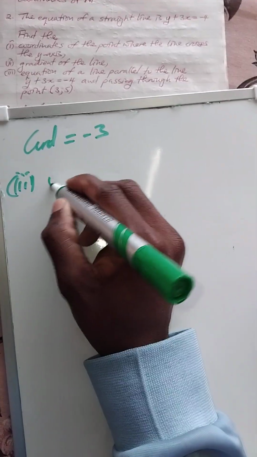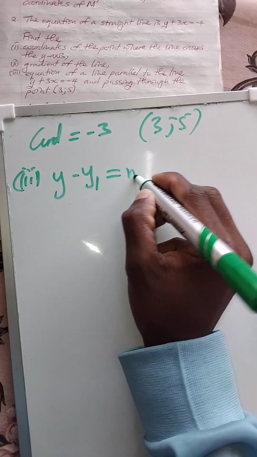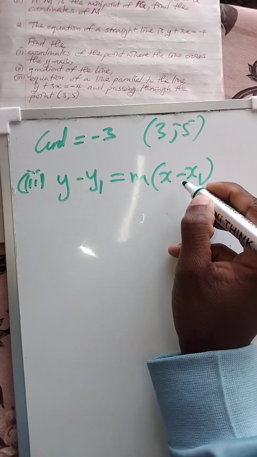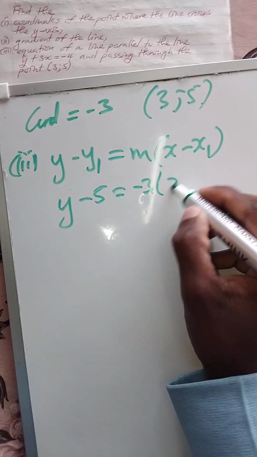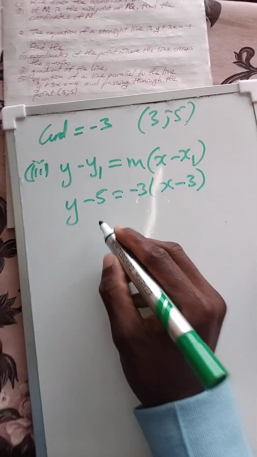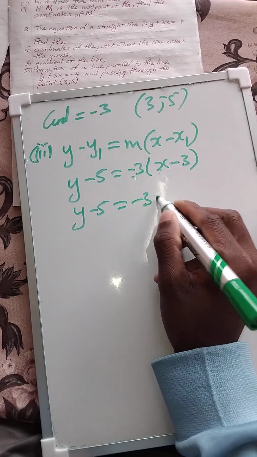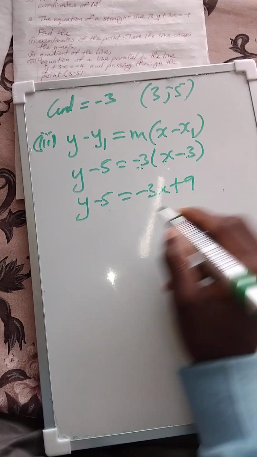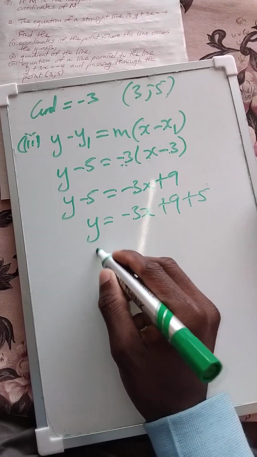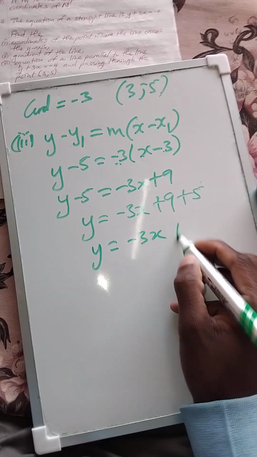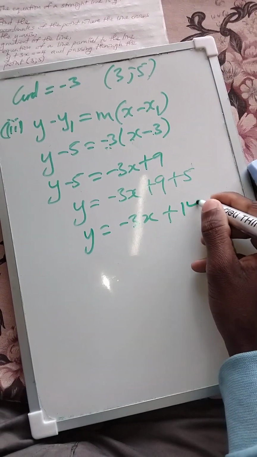So y minus y1 is equal to m times x minus x1, so y minus 5 is equal to negative 3 times x minus 3. So y minus 5 is equal to negative 3x plus 9, so y is equal to negative 3x plus 9 plus 5, y is equal to negative 3x plus 14.